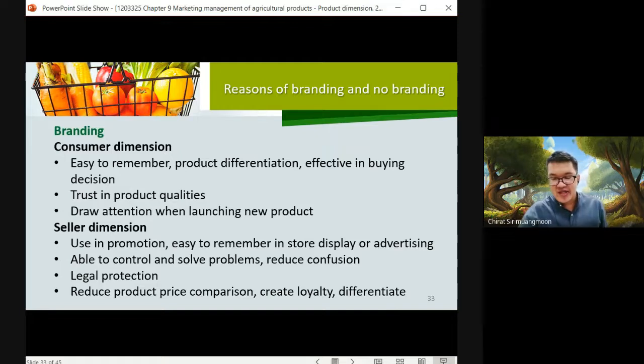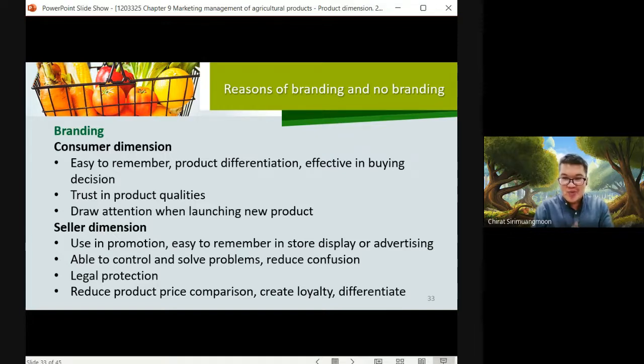For example, think about Oreo and Cremo. Many people get confused between them. So Oreo might need to create some characteristic, like when they think about Oreo, they have blue and you need to notice the red mark like this. So in order to differentiate or reduce the confusion, and also they need to have legal protection.